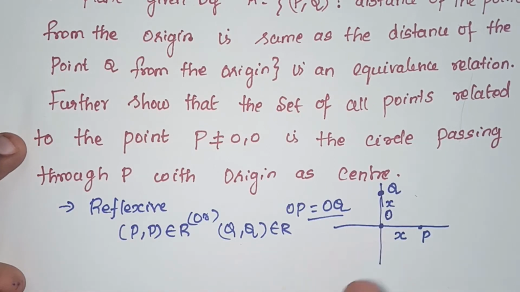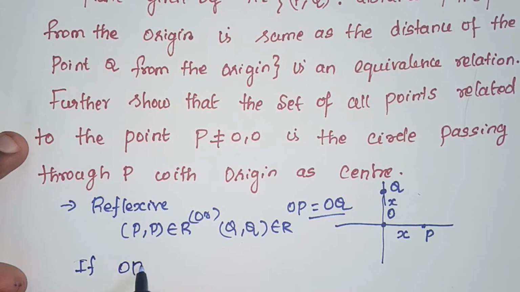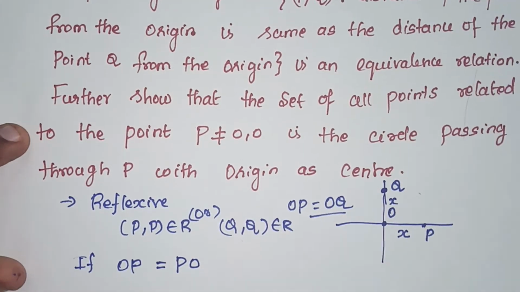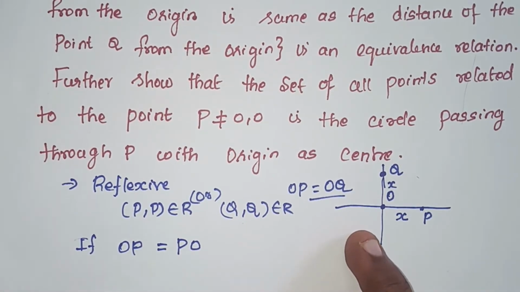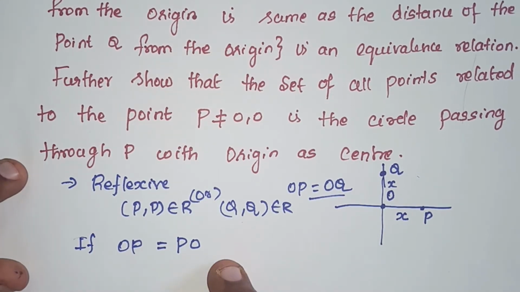Here the distance from the origin to P is x. The distance of OP is equal to PO, since the distance from the origin to the point P and from P to the origin is the same. So OP is equal to PO.